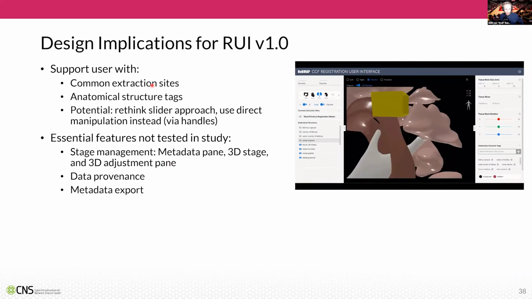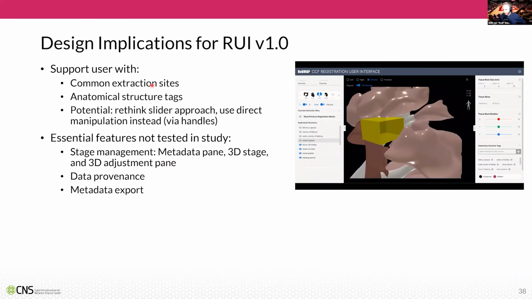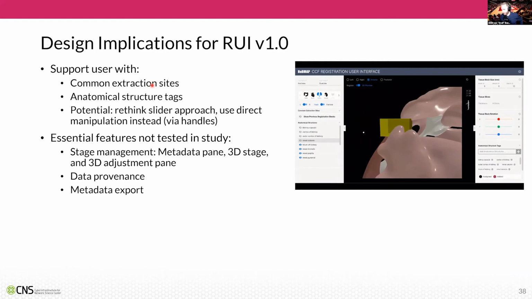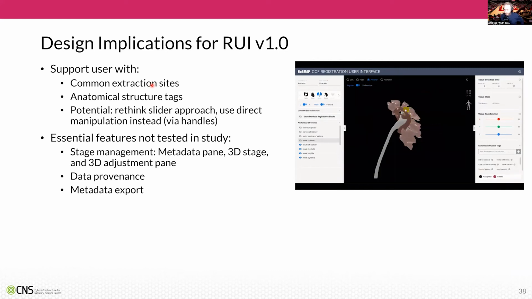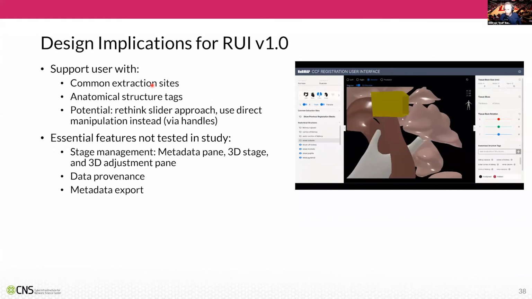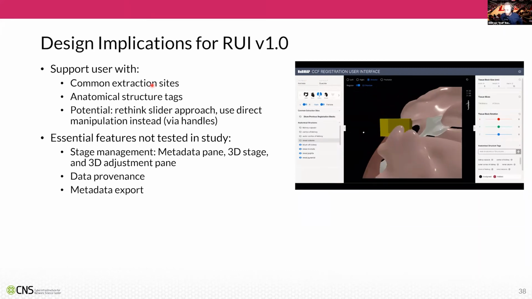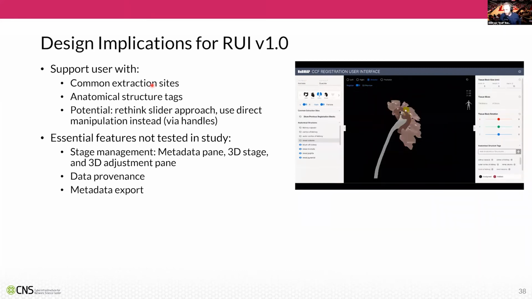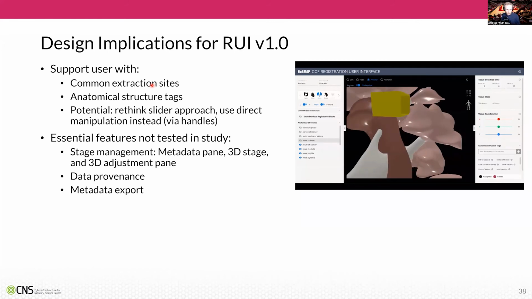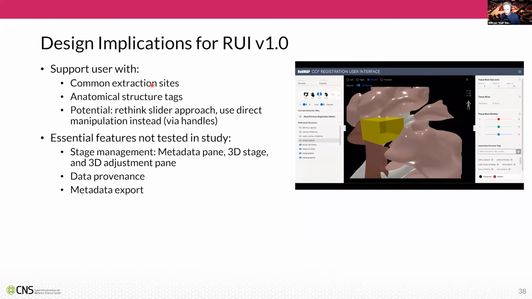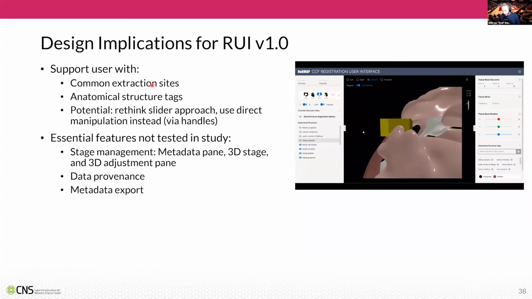The first thing that we added that is really useful is to keep supporting our common extraction sites, adding as many visual guides as we can to make sure the user knows where they are going inside this organ. Furthermore, the anatomical structure tags enrich the metadata that the user generates, from something that's simply geometric to something a little more semantic, as the user registers their tissue block into the organ.